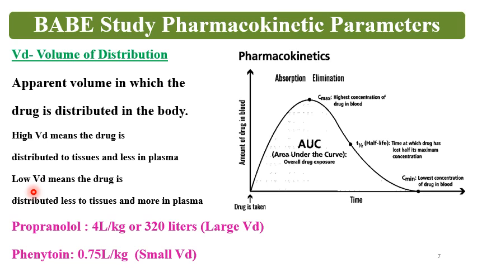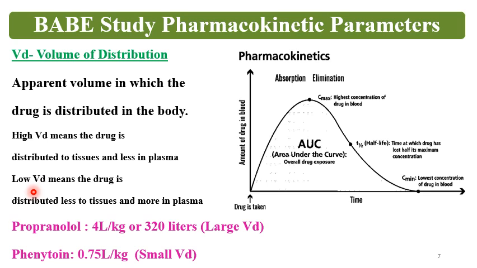Propranolol is the example I have taken here. Propranolol has 4 liter per kg or 320 liter, that is a large VD. Phenytoin has a small volume of distribution, that is 0.75 liter per kg.